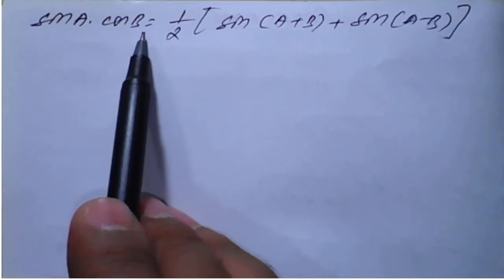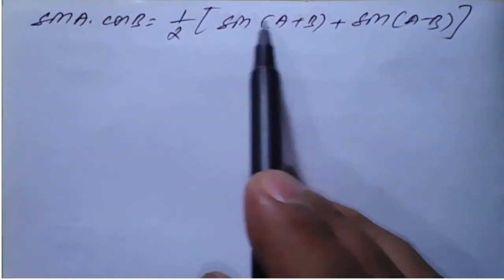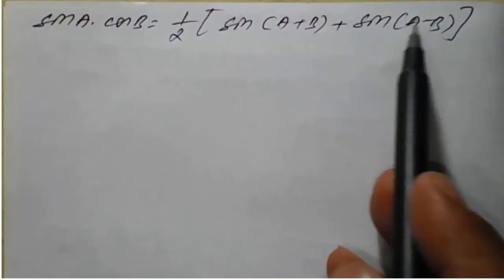Sine a into cos b is nothing but 1 by 2 times sine of a plus b plus sine of a minus b.